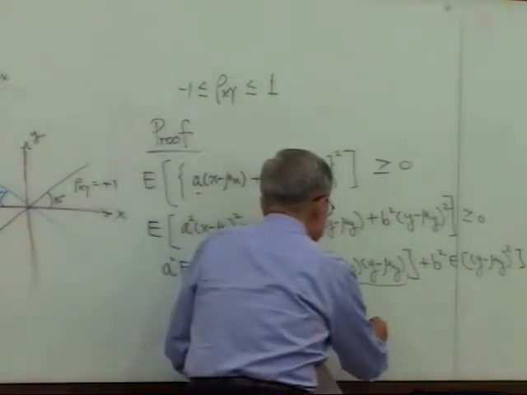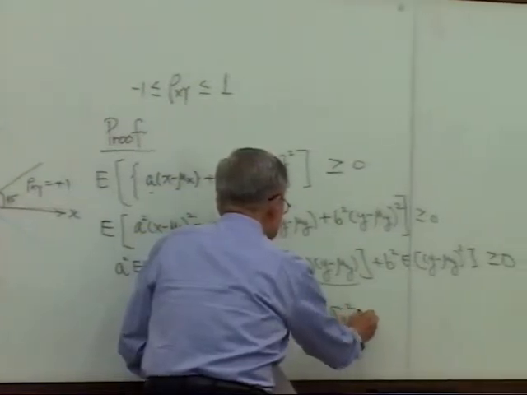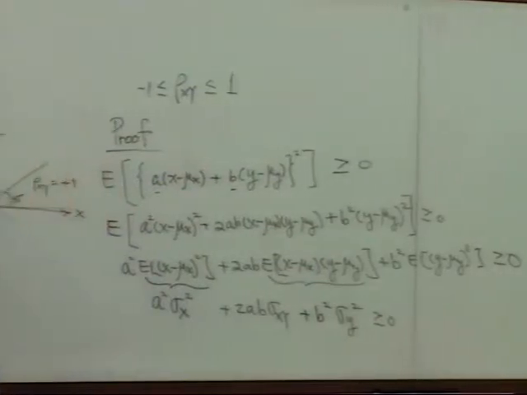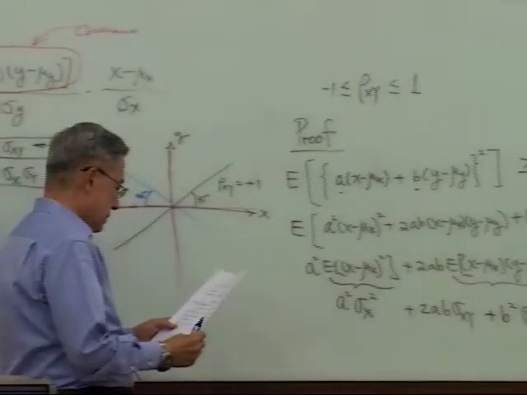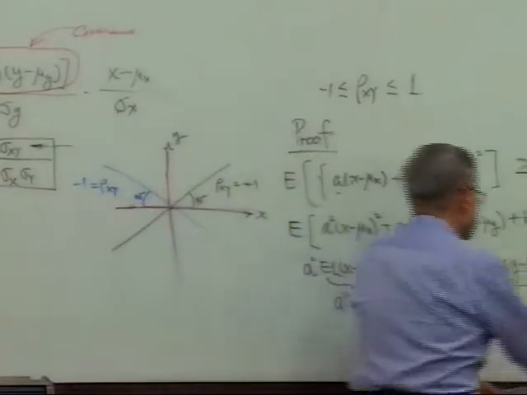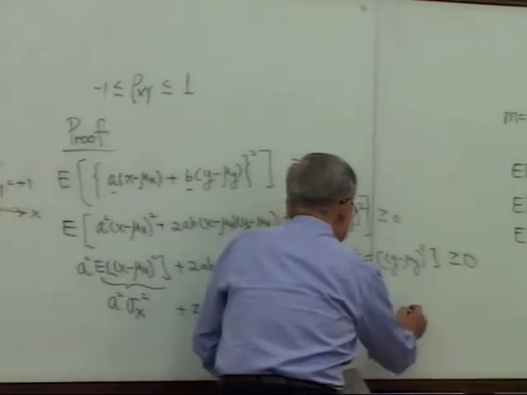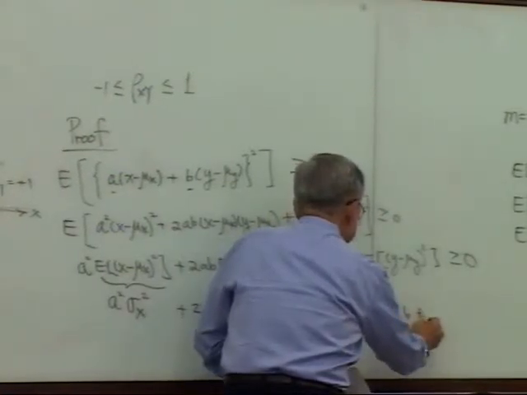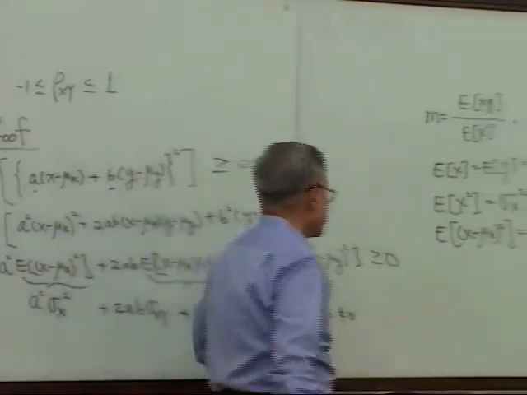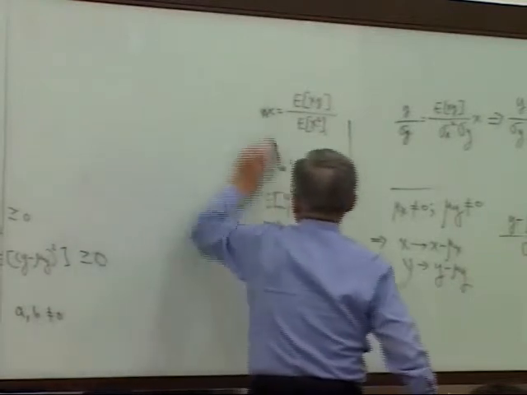Plus b squared sigma y squared has to be greater or equal to 0. So of course, assuming a and b are non-zero constants, reasonable, otherwise it's a trivial problem.